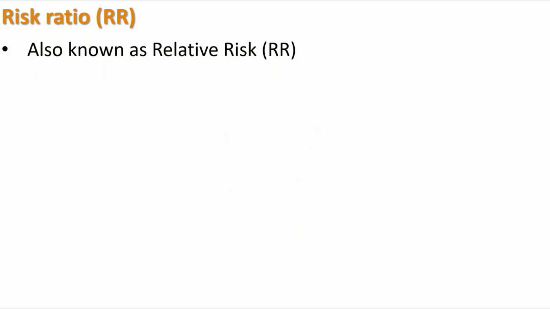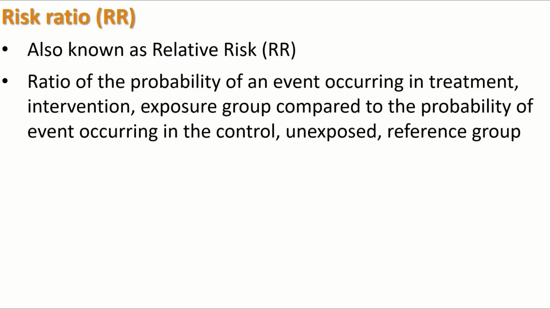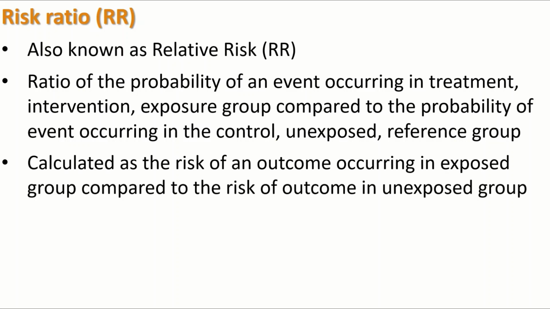So what is a risk ratio? Risk ratio is also known as relative risk. It is the ratio of the probability of an event occurring in a treatment or intervention or exposure group compared to the probability of an event occurring in the control or unexposed or reference group.